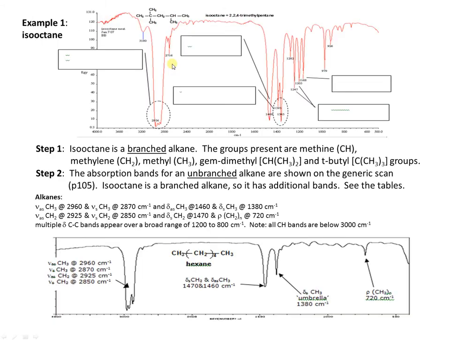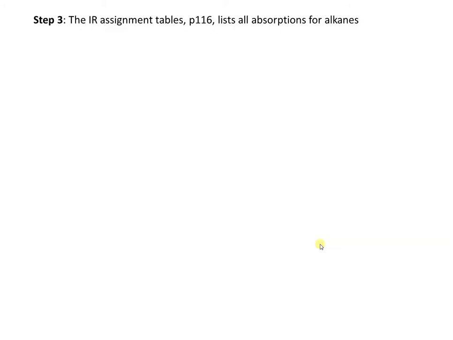For example, here we see between, say, 1200 wave numbers and 800 wave numbers, these carbon-to-carbon stretches. Now, they're not of much use to a human being. Perhaps a computer could identify the compound using this fingerprint area, much like a barcode can be read by a computer in a grocery store, but to people it's meaningless.